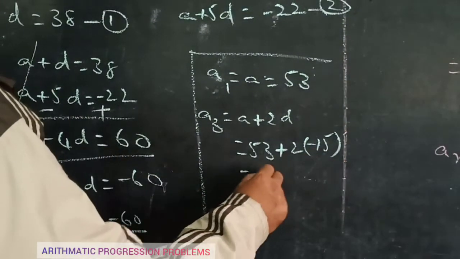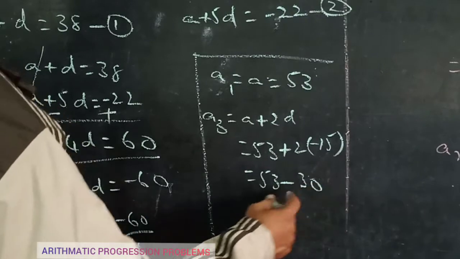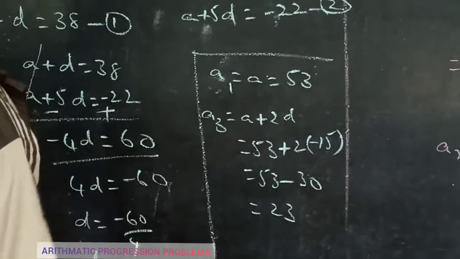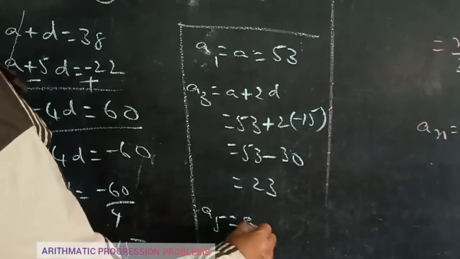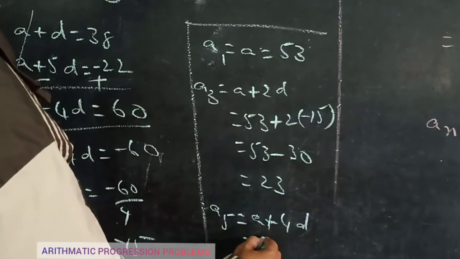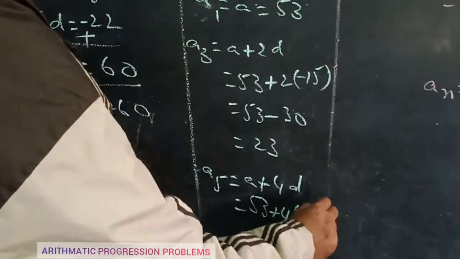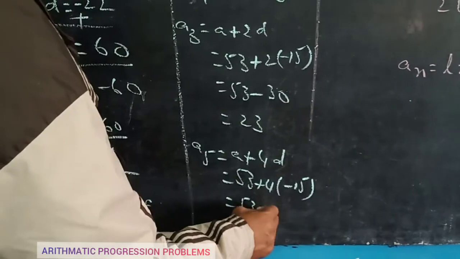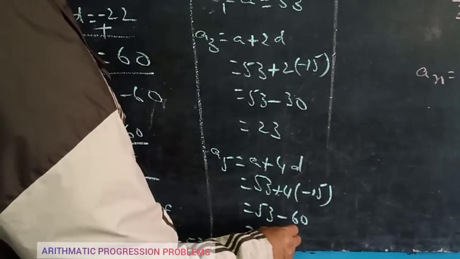It is equal to 53 minus 30, which is equal to 23. And the required value a5: a5 equal to a plus 4d. 53 plus 4 into minus 15 is equal to 53 minus 60, which is equal to minus 7.